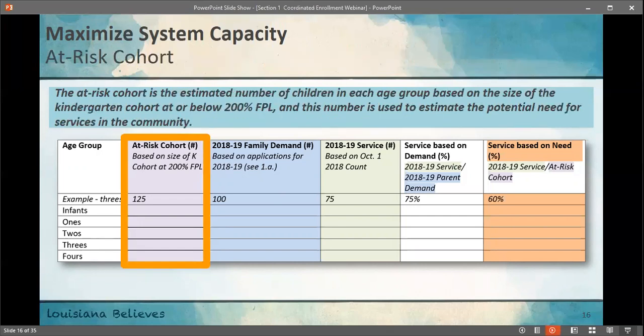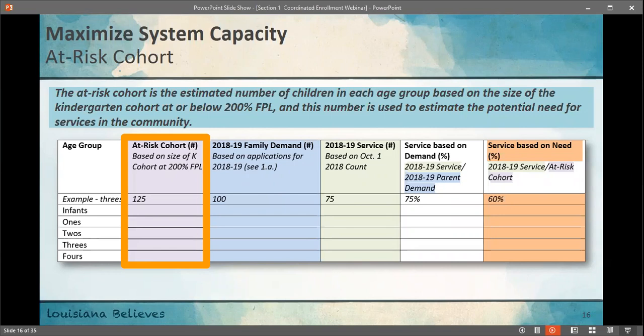So the at-risk cohort, this particular column, is a number that is provided to each network by the department. It's an estimate of the number of economically disadvantaged children in the community. We call it the at-risk cohort. It's an estimate of children in the age group, based on the size of the kindergarten cohort, at or below the 200% federal poverty line.